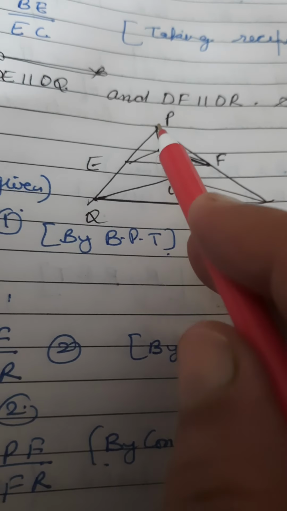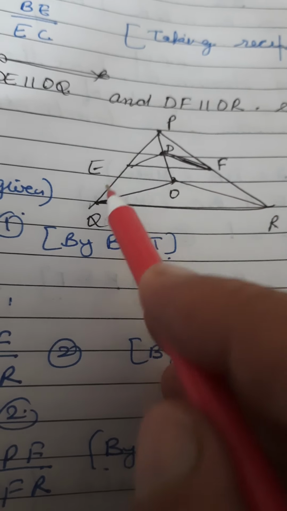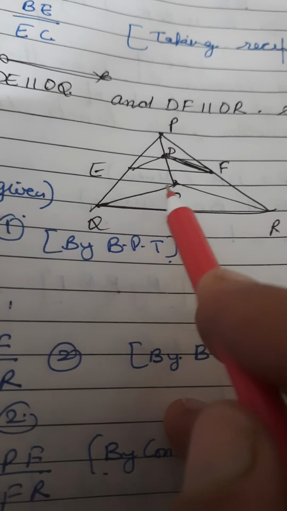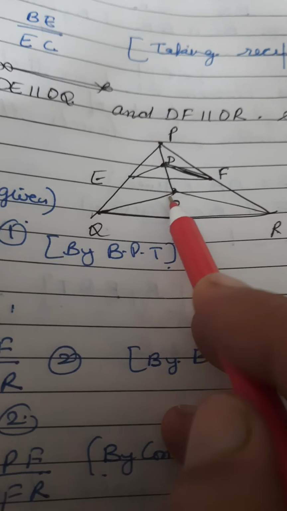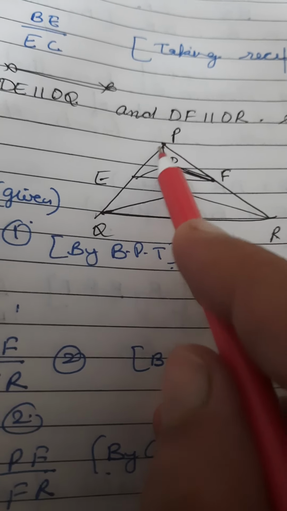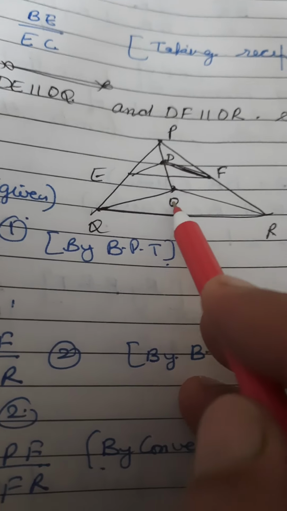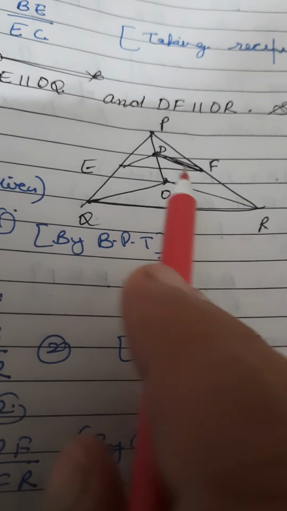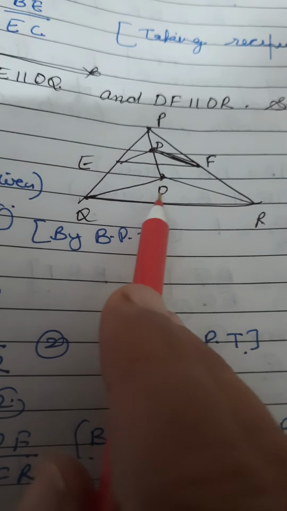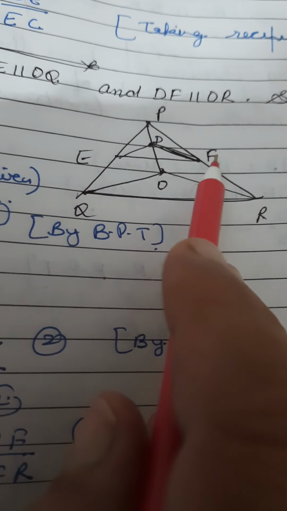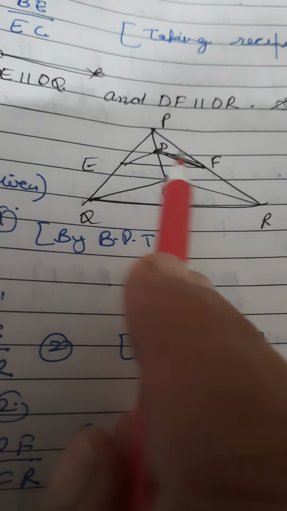Now first we will take this triangle. In triangle PQO, it is given ED is parallel to QO. Therefore by BPT we get PE by EQ is equal to PD by DO. And in this triangle we get PD by DO is equal to PF by FR.